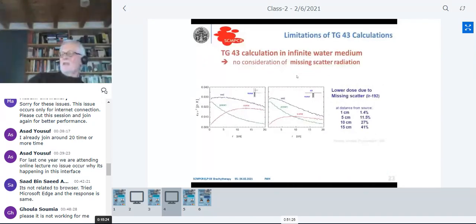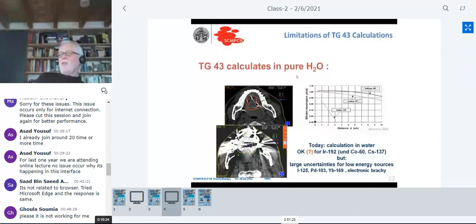The phantom that they use is something like 60 by 60 by 60 centimeters for calculation and for measurements. The dose that you actually get in a patient also depends on the size of the patient, because you lose scatter radiation when the patient is smaller. So this is one point in which TG43 cannot be correct.